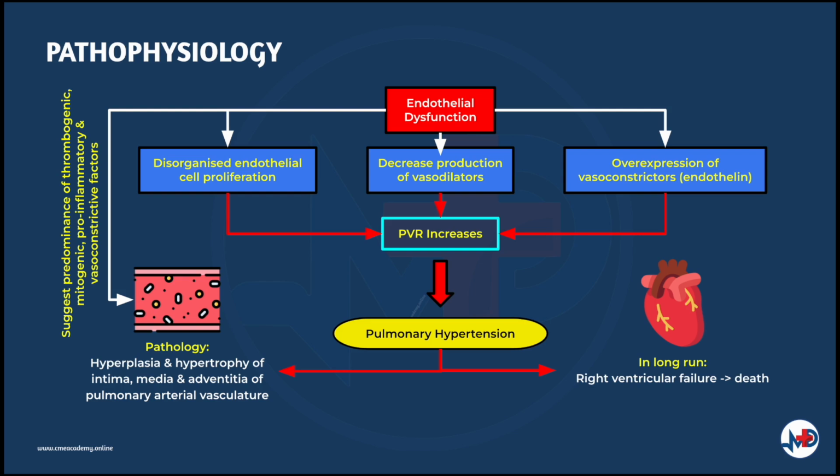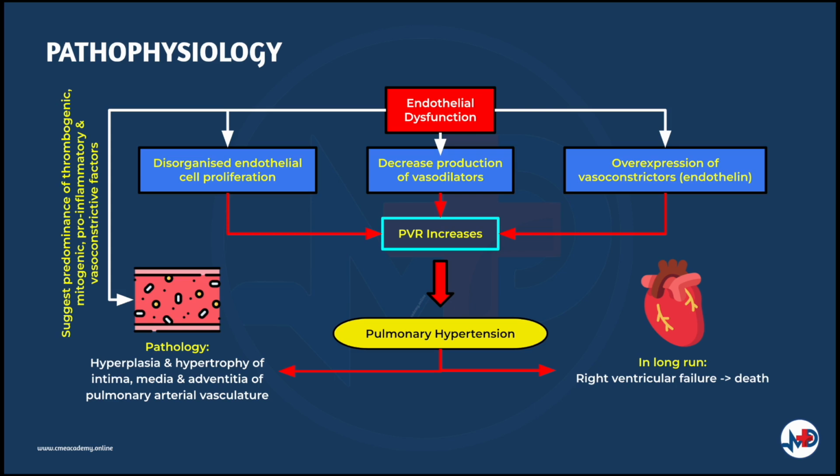The increase in pulmonary vascular resistance is the main pathogenic mechanism in pulmonary arterial hypertension. Endothelial dysfunction causes disorganized endothelial cell proliferation, decreasing the production of vasodilators and overexpression of vasoconstrictors such as endothelin.